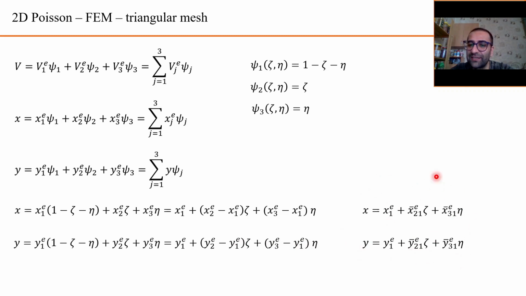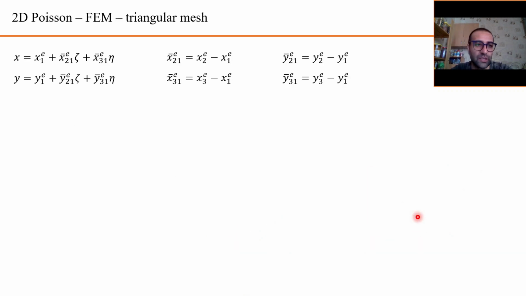Therefore this is the mapping equation from the xy coordinate to the eta zeta coordinate, and we have indeed the coordinates of each node, that is x1 y1, x2 y2, and x3 y3, and we see how they are connected to each other.